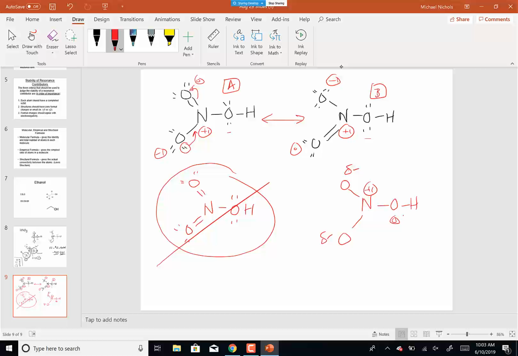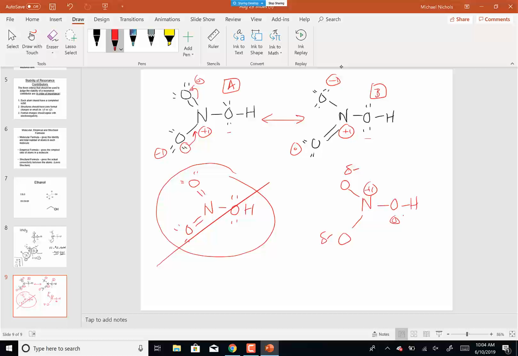And actually, since the 2 resonance structures at the top, A and B, have basically the same charges and bonds, there's a symmetry to it, they will end up -1/2. But in the future, we're just going to say that -1 charge is split between those 2 oxygens. It's being delocalized.